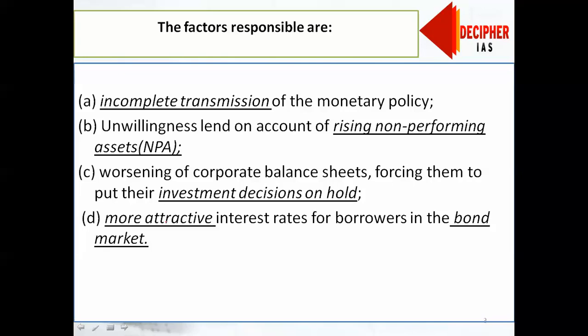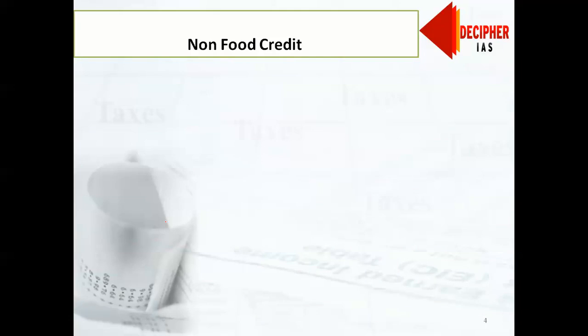So let's move ahead. Now the Economic Survey talks about non-food credit, but before that, we need to understand what food credit and non-food credit mean. The credit or loan provided by the nationalized banks to the FCI, that is the Food Corporation of India, is known as food credit.